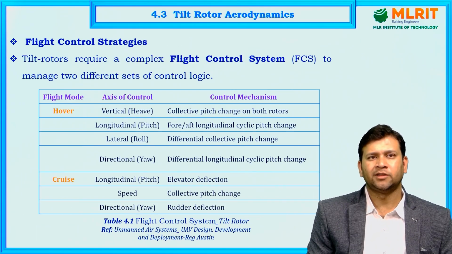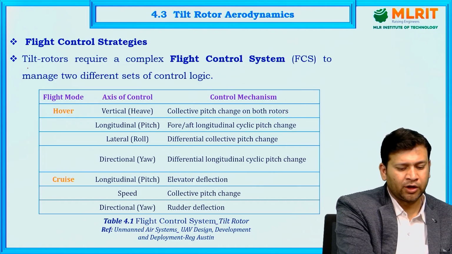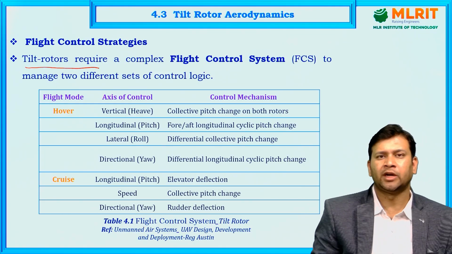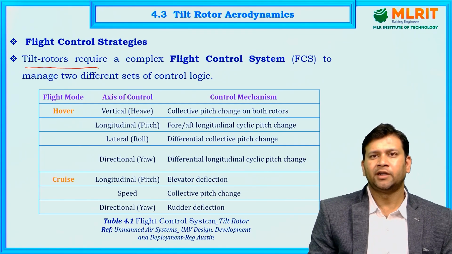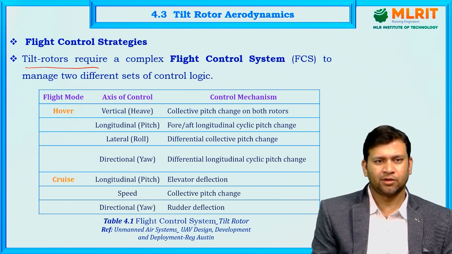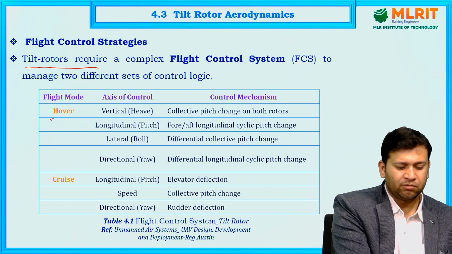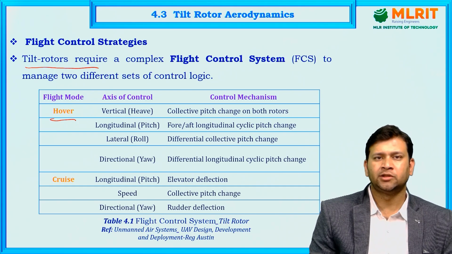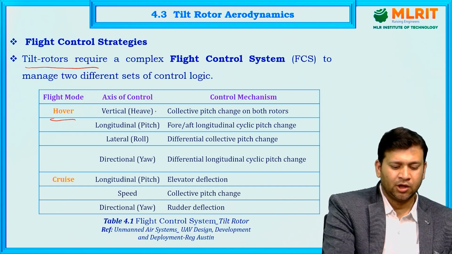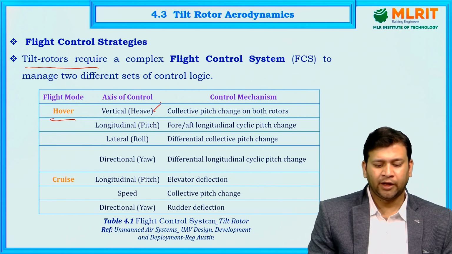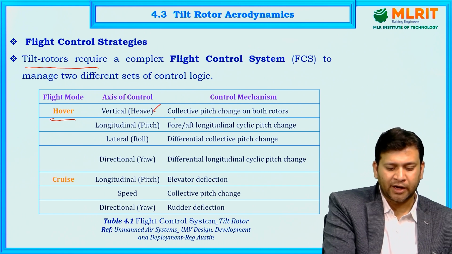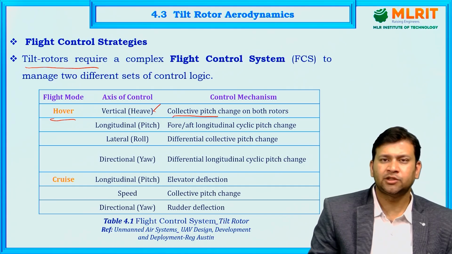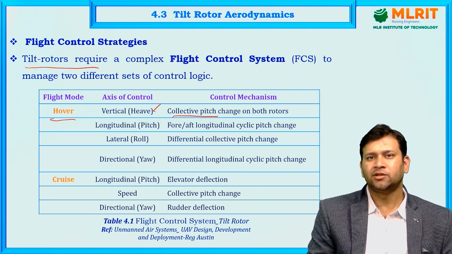Flight control strategies for tilt rotor mechanisms. Tilt rotors require a complex flight control system to manage two different sets of control logic. In the hover flight mode, when it is climbing vertically up, the vertical control is controlled using the mechanism of collective pitch change on both rotors.